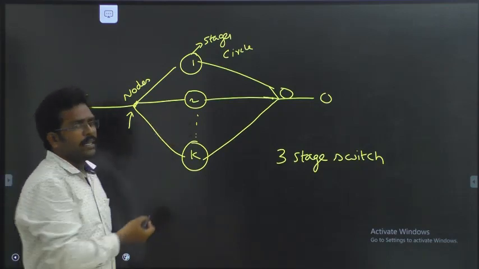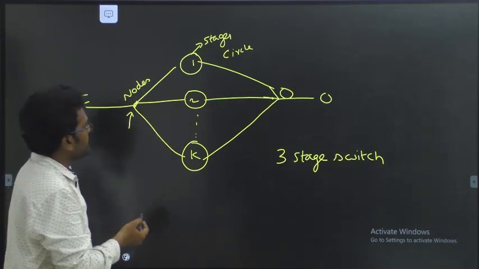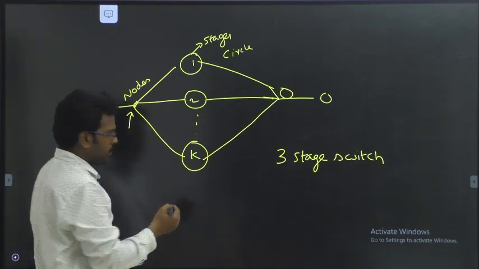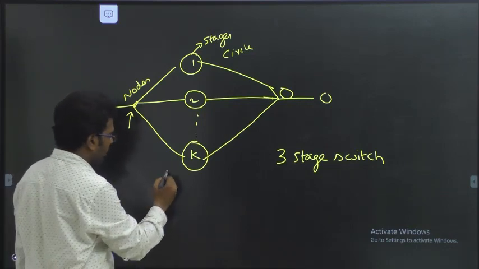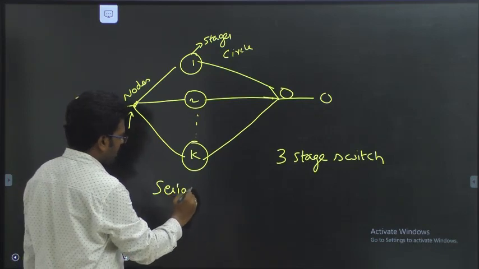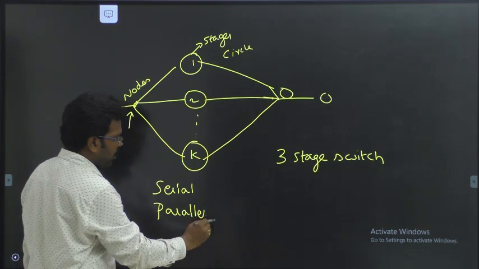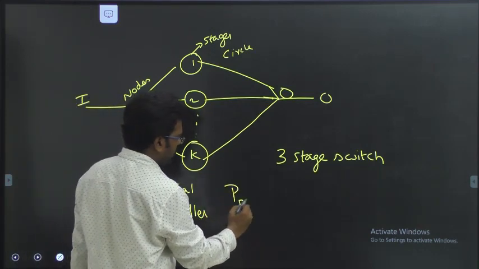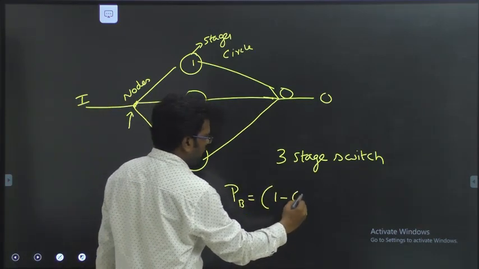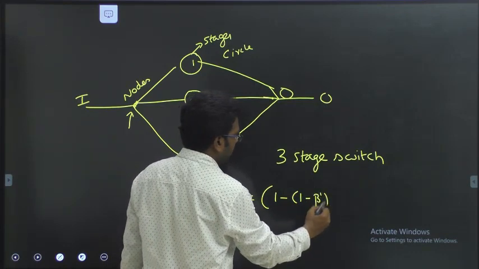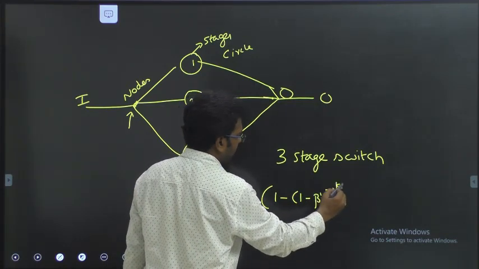In case of Lee graphs, we have seen two cases: serial as well as parallel. We obtained one formula as PB is equal to 1 minus (1 minus beta prime) to the power k.